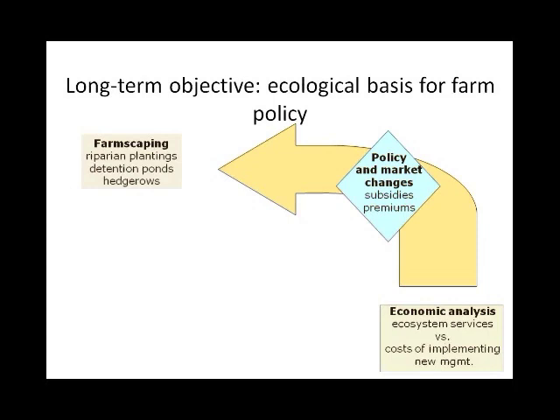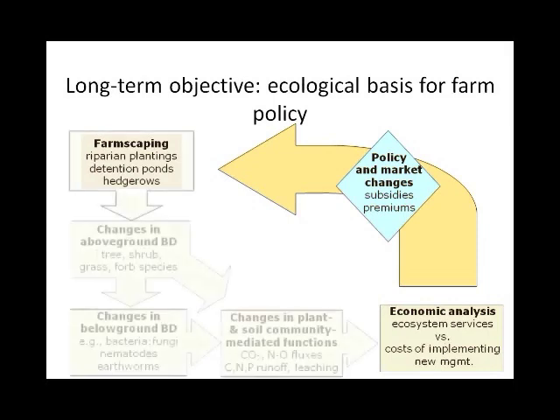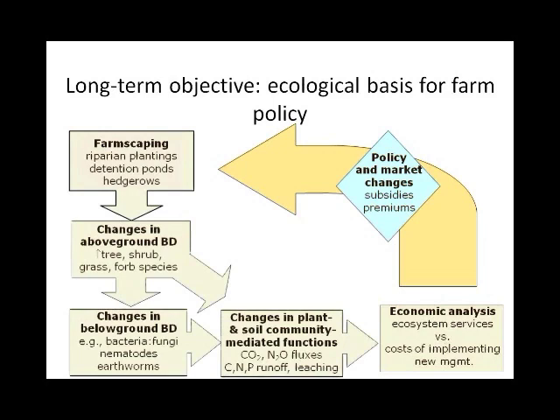So the idea is that we've looked at how farmscaping makes changes in different kinds of biodiversity, some of the changes in plant and soil community-mediated functions. And what we next need to do is some sort of economic analysis. We can look at what the benefits are in terms of ecosystem services versus the cost and what it might take in terms of subsidies and premiums to get more people on board for this. Next slide.